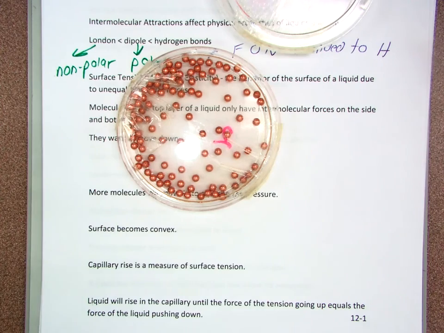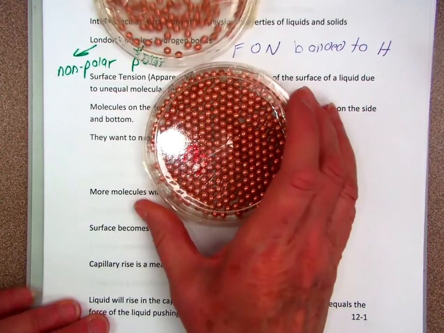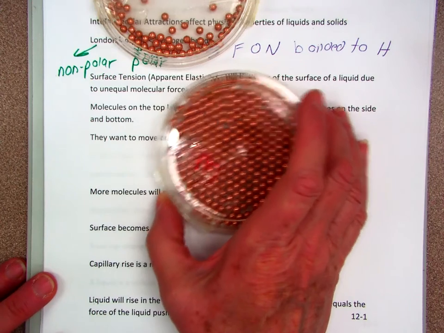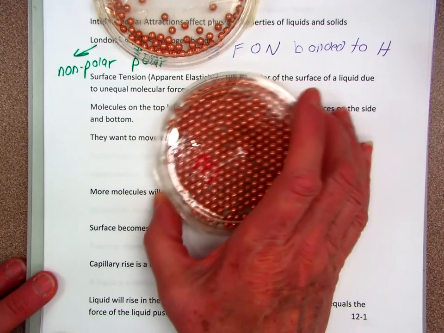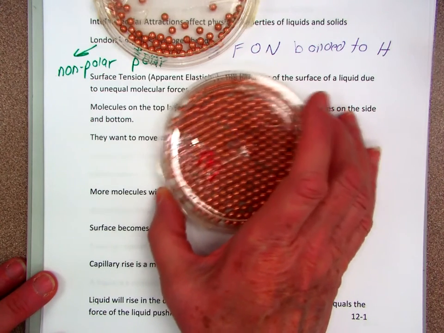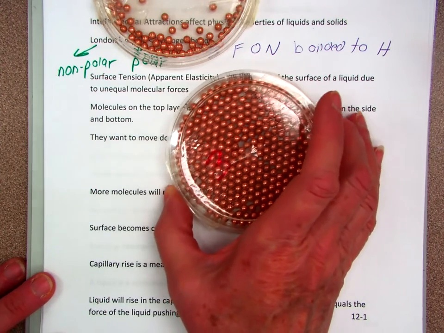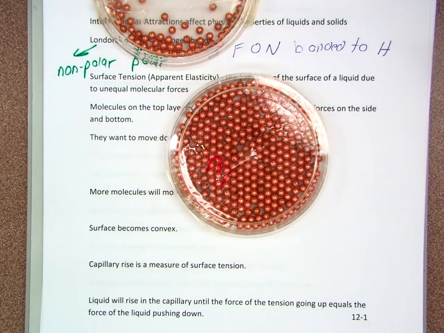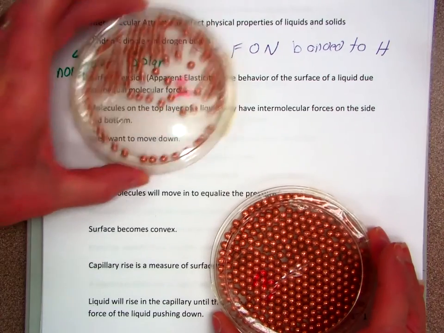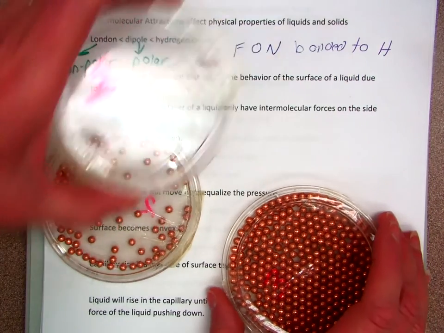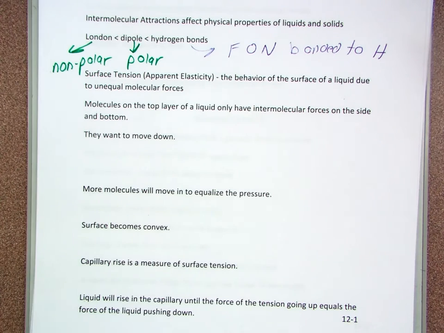So those intermolecular forces count. And when we get to a solid, the molecules are packed into their position in the crystal lattice. So there's very little motion and there's a lot of interaction because they're touching all of the time. So the intermolecular forces are even stronger in a solid than they are in a liquid and considerably stronger than in a gas. So I think that's kind of a nice visual to help you with what's going on.